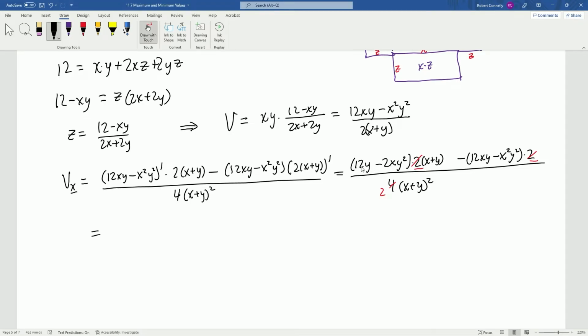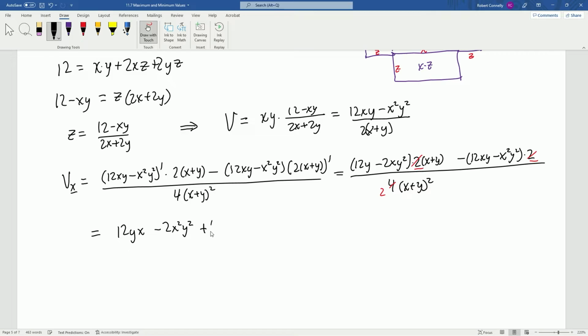So now we've got to multiply 12y minus 2xy squared times x plus y. That's going to be 12yx minus 2x squared y squared minus 2... oops. Okay, so that was that term, and now we need 12y times y.